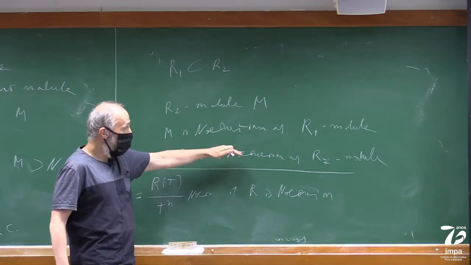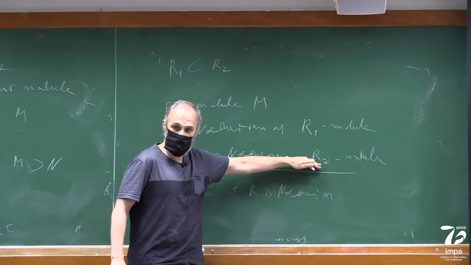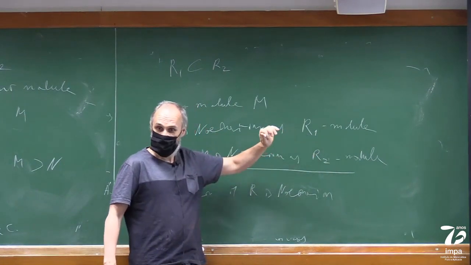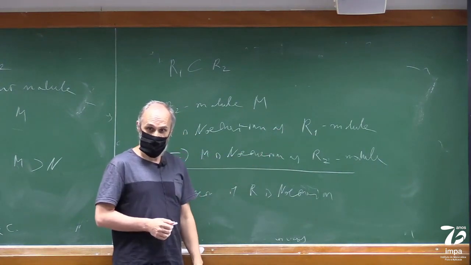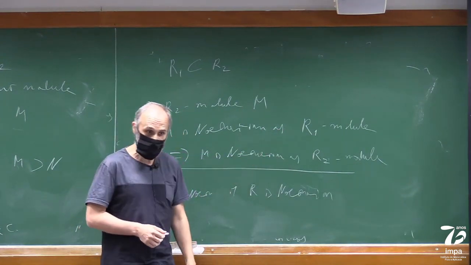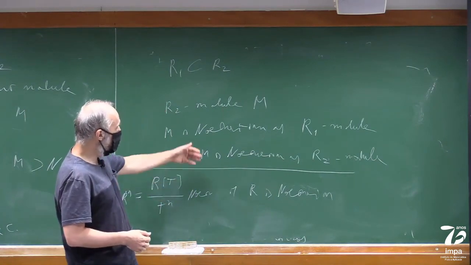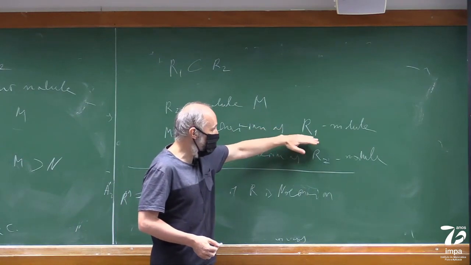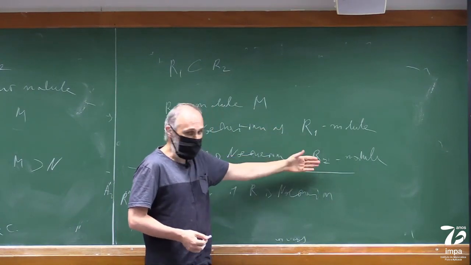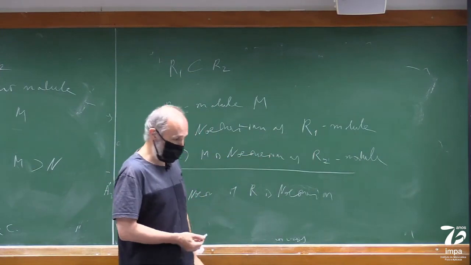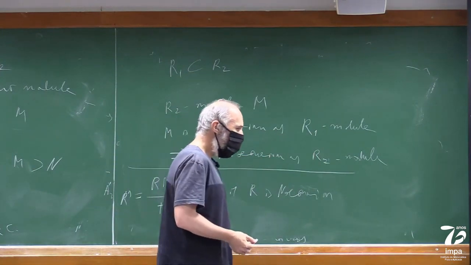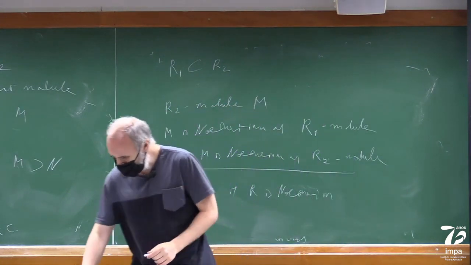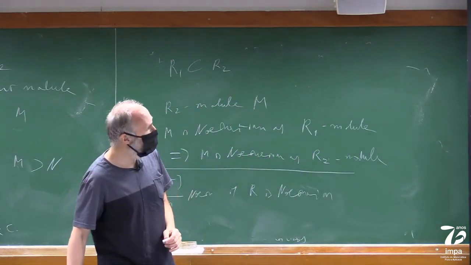Because every chain of submodules over the bigger ring will also be a chain of submodules over the smaller ring. This is why it will always stabilize. If it's Noetherian as an R1-module, it will stabilize as a sequence of modules over R1, and then over R2 it will also stabilize. Okay. Now I'm going to start the proof. It's almost done, in fact.